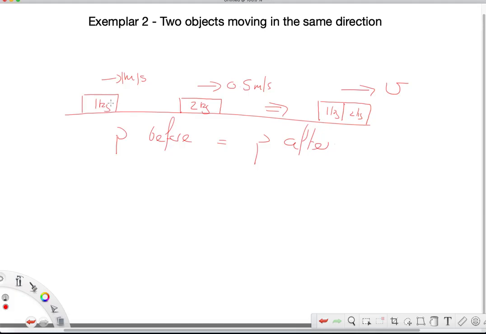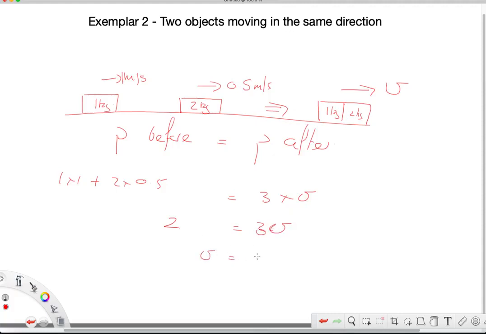We've got 1 times 1 plus 2 times a half will equal 1 plus 2 is 3 times V. So we've got 1 and 1 is 2. 2 times a half being 1 is 3 times the velocity.